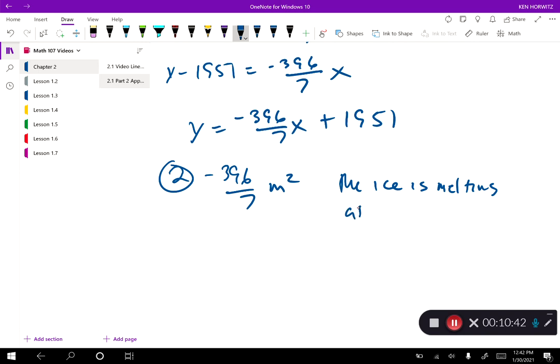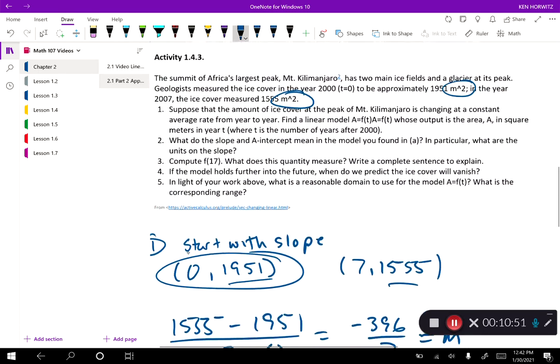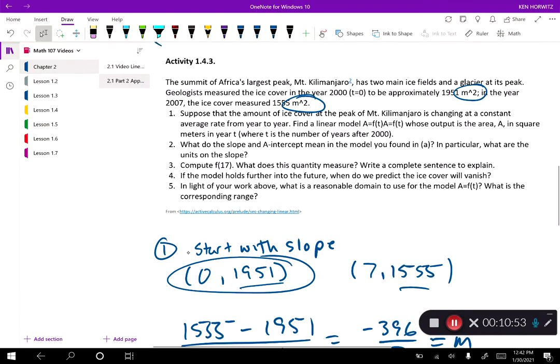At this rate. So let's take a look at number 3. Scroll up. Number 3 says compute f of 17. What does this quantity measure? Write a complete sentence to explain.